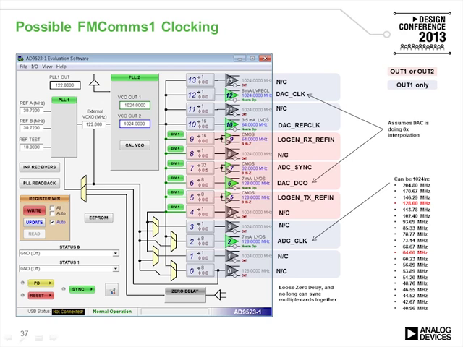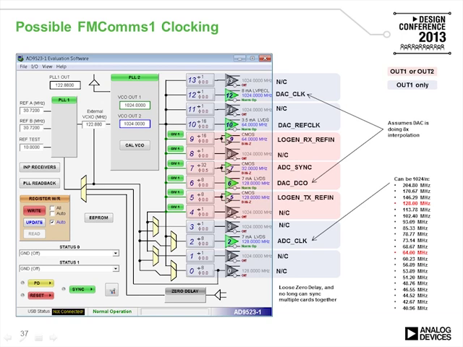Potentially you could do these kinds of things where you have this 1024 megahertz clock here and get DAC clocks of 128 or DAC clocks of 1024, assuming you have an 8x interpolation inside the DAC turned on, and your ADC clock could be 128 or 64 or whatever you happen to want.